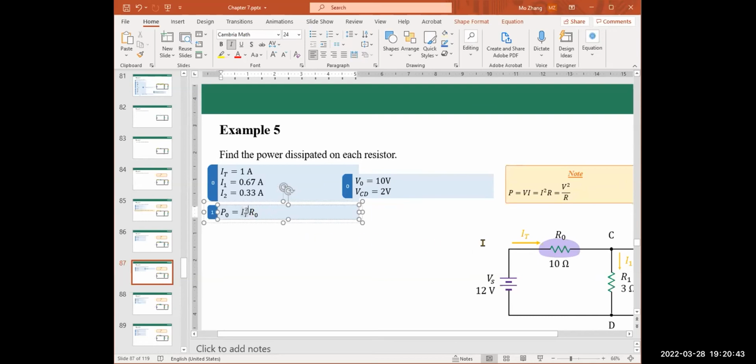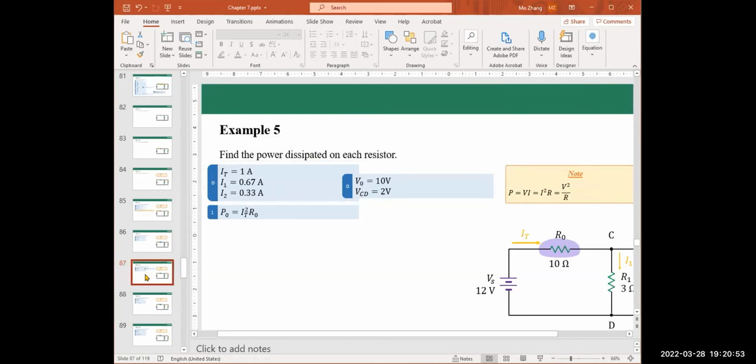IT, the total current, the main branch current, is 1 amp. We got it in example 2, 1 ampere. And then R0 is given, labeled on the circuit schematic, 10 ohm.